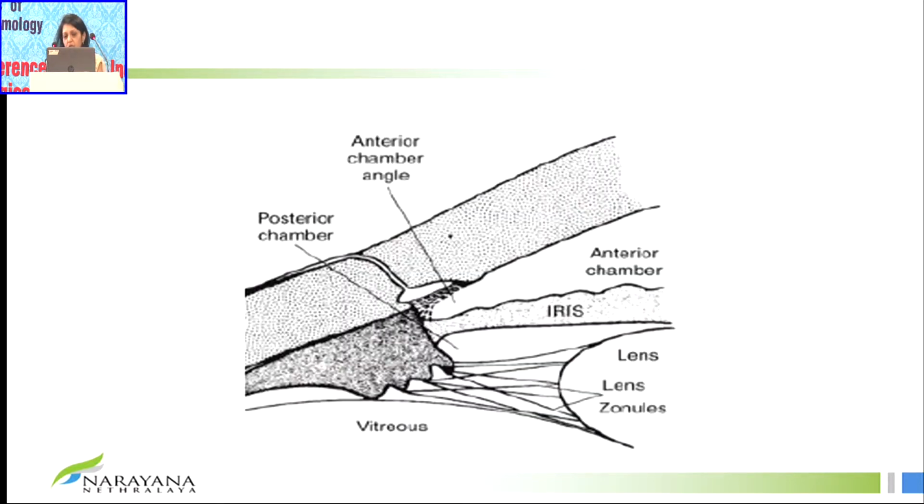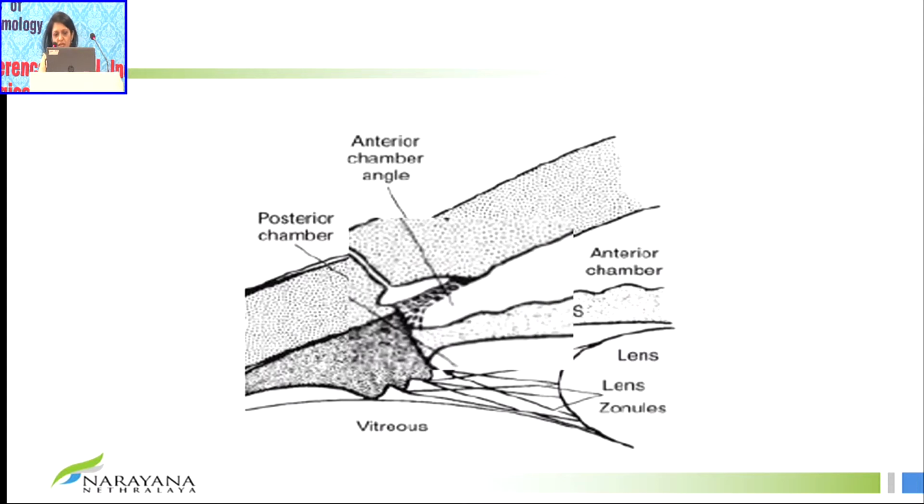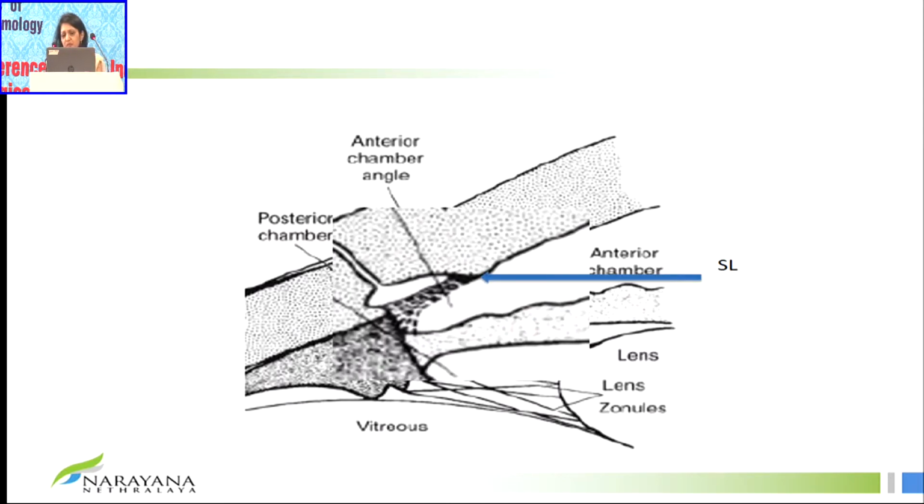So if you look at the angle here, this is the area of interest for us. The area shown by the arrow mark is the termination of the Descemet's membrane, which gives us the Schwalbe's line. The next one is the trabecular meshwork. Below that is the scleral spur, and the small area that you see below the scleral spur is the face of the ciliary body.